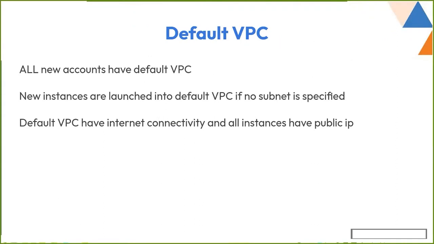But what if you want a customized VPC? As per your needs and requirements, you can create one and give access to anyone, and deny access to anyone. So VPCs are used in those cases.